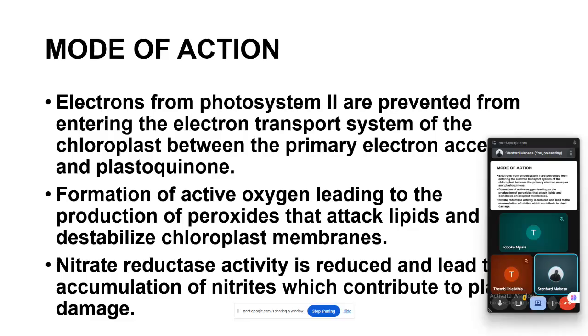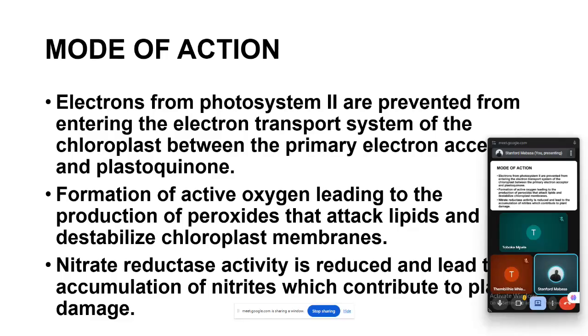So what they do is that they prevent electrons from photosystem 2 from entering the electron transport system of the chloroplast, between the primary electron acceptor and the plastoquinone. I will show you the area where you have an electron acceptor and the plastoquinone where they block.